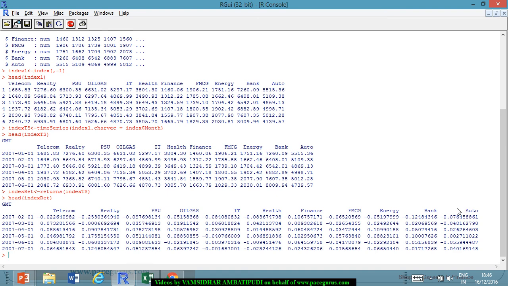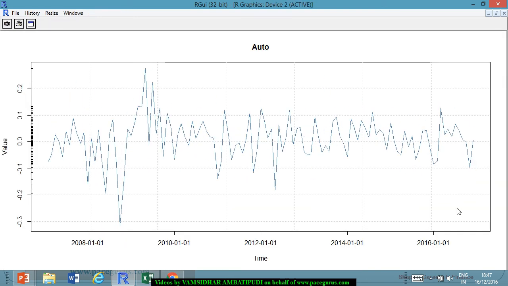Now, if required, I can actually do the series plots for each of these returns. For that, I can take the help of series plot, and I can very well do the series plot associated with index ret. But of course, when I do it like this, I'm plotting all of them. So I could clearly see, this is for the auto sector.